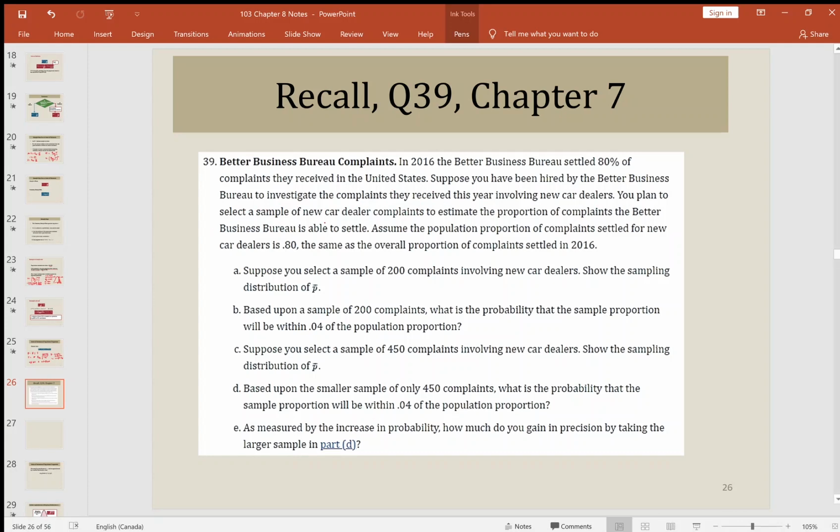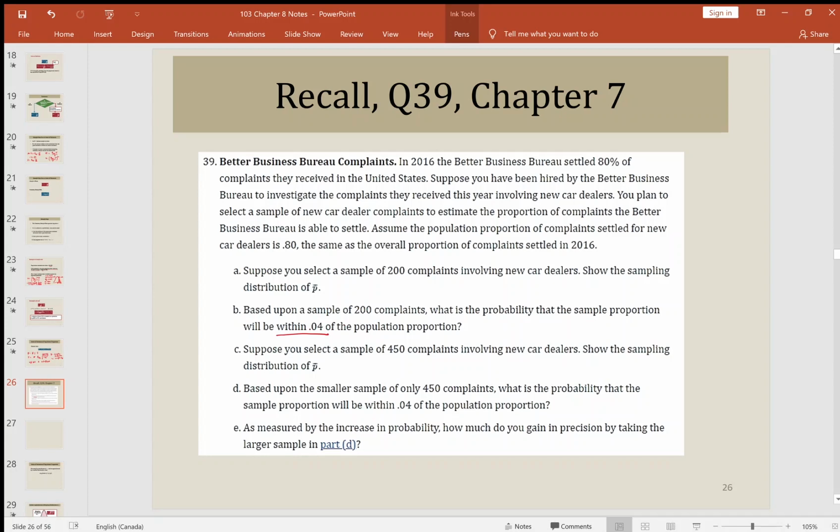You plan to select a sample of new car dealer complaints to estimate the proportion of complaints the Better Business Bureau is able to settle. Assume the population proportion of complaints settled for new car dealers is 0.8, the same as the overall proportion of complaints settled in 2016. And if it is based on a sample of 200 complaints, what is the probability that the sample proportion will be within 0.04?